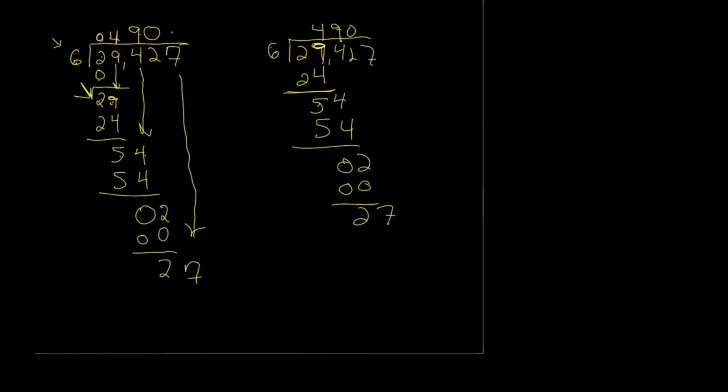It goes 4 times. 6 times 4 is 24. Subtract, 3. I have nothing to bring down. And that's my remainder. Let me put 4 here. And I usually use just like an R period to represent the remainder.